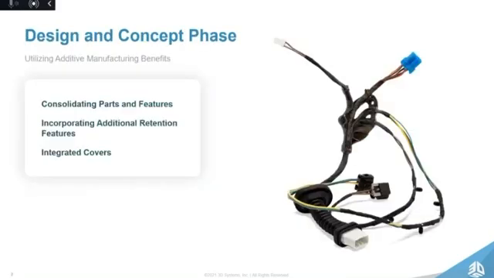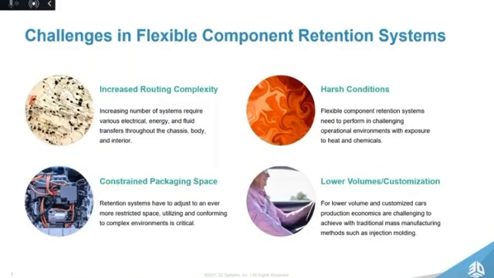The other thing that we get into is harsh conditions. Harsh conditions really are where this is going to be particularly applicable. Obviously this is going to be in areas like underhood and powertrain, where you've got high heat cycling, chemical exposure, and other components in motion that could damage these types of flexible components.